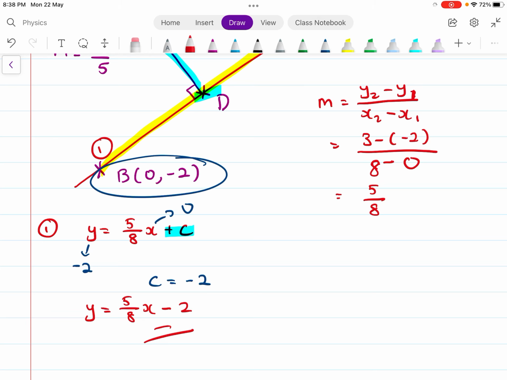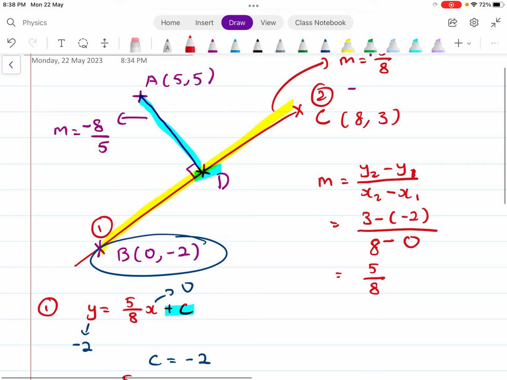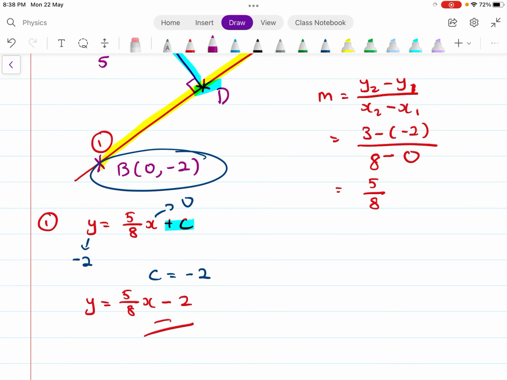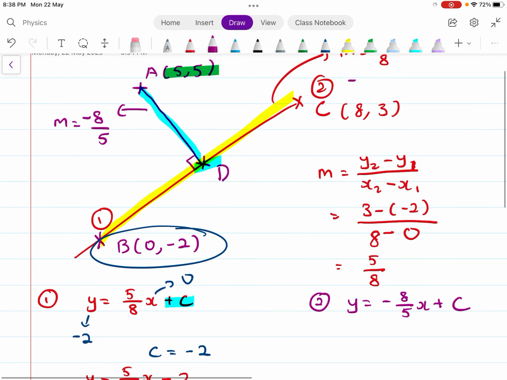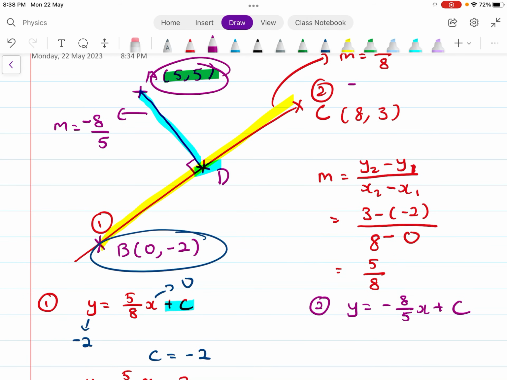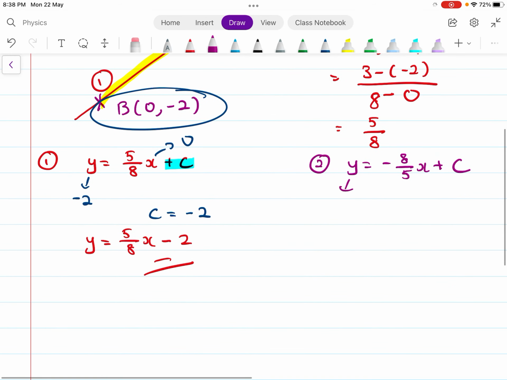Okay, now we go on to the second line. The second line has gradient negative 8 over 5, and there's a coordinate of (5, 5). So the second line is y equals negative 8 over 5x plus c. Now you want to find c, so you need to sub in (5, 5). A bit of E-maths also. So 5 here, 5 here.